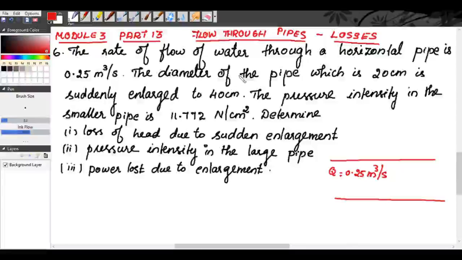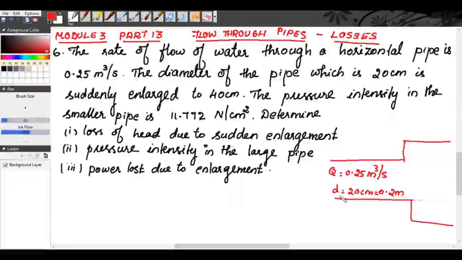Now the diameter of the pipe is 20 centimeter, which means it is equal to 0.2 meter, and it is suddenly enlarged to 40 centimeter. So this pipe is suddenly enlarged.